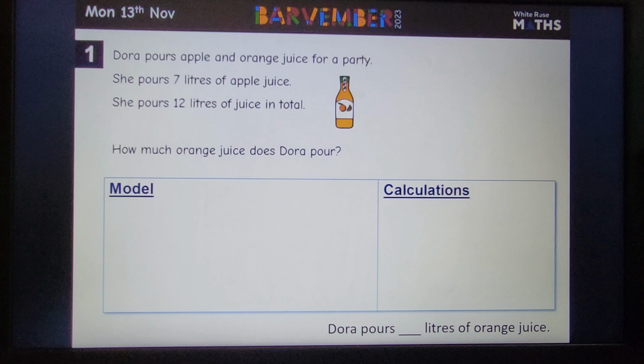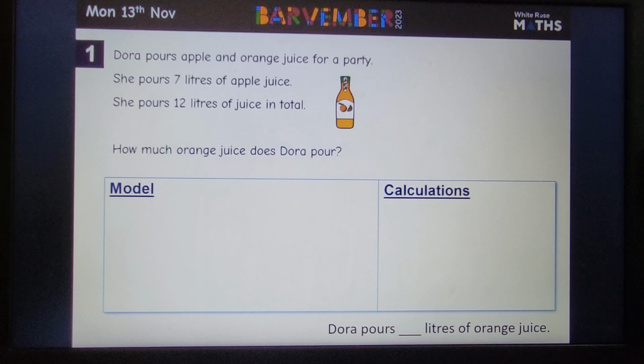So in this question, it says Dora pours apple and orange juice for a party. She pours 7 litres of apple juice and she pours 12 litres of juice in total. How much orange juice does she pour? So the idea is that first of all, you use bars, literally rectangles, to show the picture. So she pours 7 litres of apple juice.